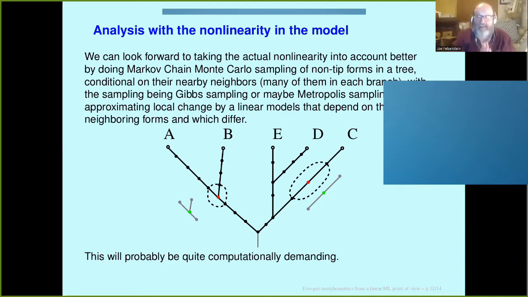If we have the nonlinear model, it's a little harder because we're going to have to imagine changes that respond to the forms nearby, nonlinear. And we could update interior points that have 2 neighbors or interior points that have 3 neighbors.